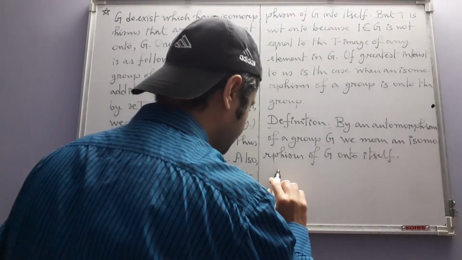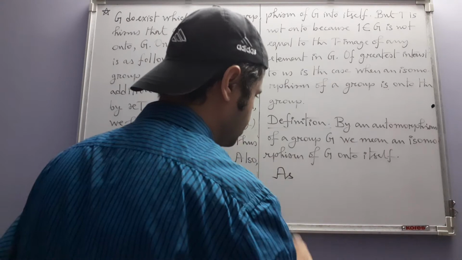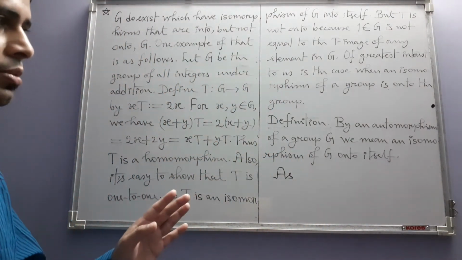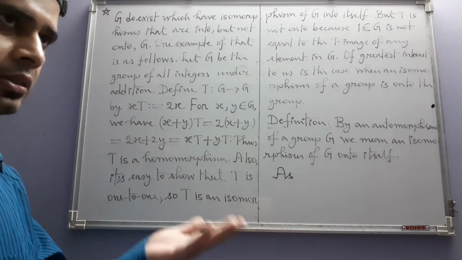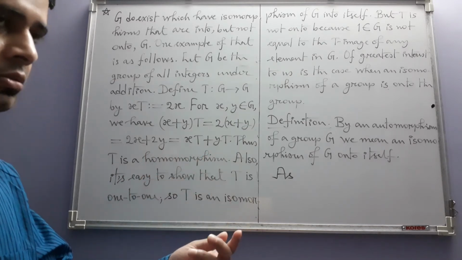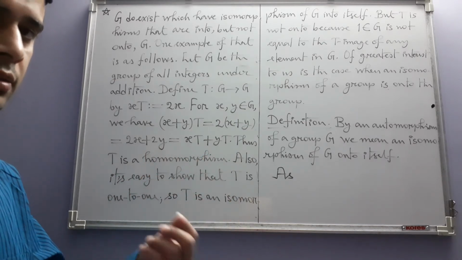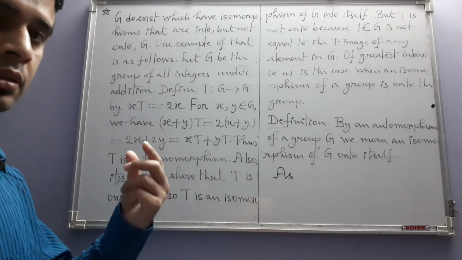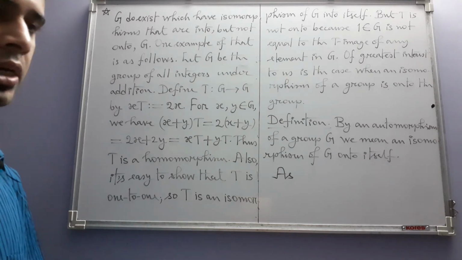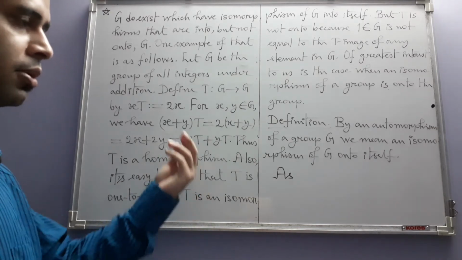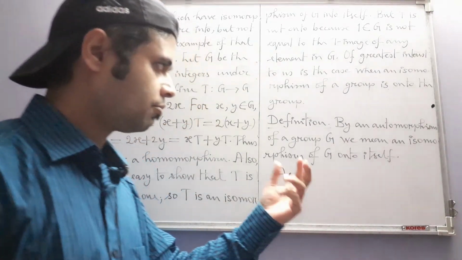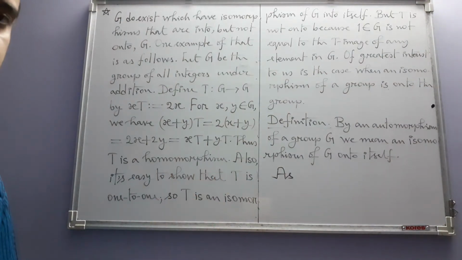As mentioned in chapter 1, never forget that an automorphism is not merely a bijective homomorphism, but the domain group and the codomain, the second set in the function, they must be equal. If they are not equal, then that is simply a bijective homomorphism or an isomorphism of one group onto another group. For automorphism, the groups must be the same.